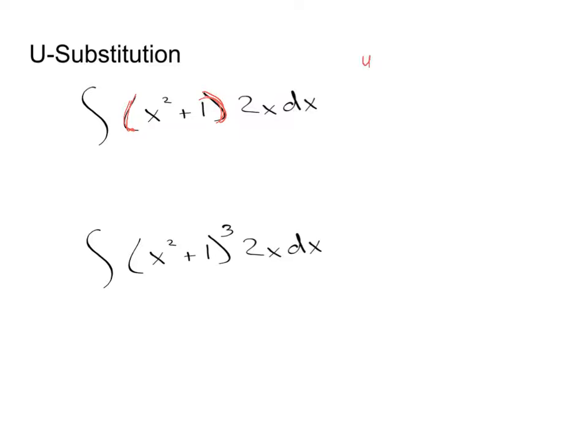So I'm going to let u equal what's inside that parentheses, x squared plus 1. And then I'm going to take the derivative of that. On the left-hand side, du, the derivative of u, and on the right-hand side, I'm going to differentiate. The derivative of x squared: exponent comes down, subtract 1 from the exponent, and then the derivative of 1 is 0, plus 0, and then we tack on a dx at the end because I'm taking the derivative with respect to x.